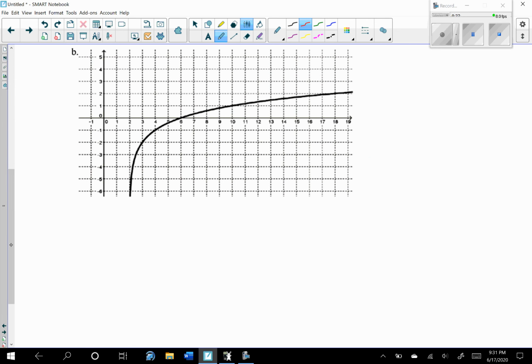So again, draw the parent graph. So 1/2, -1, 1, 0, 2, 1, 4, 2, 8, 3, 16, 4. So that is my parent graph. And how did my parent graph move? So I'm going to start with this point.